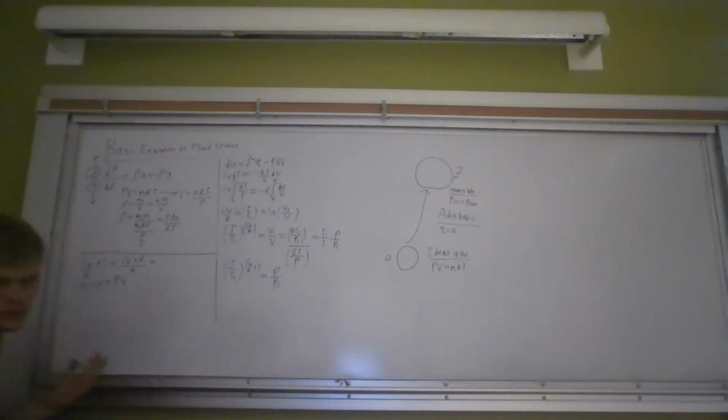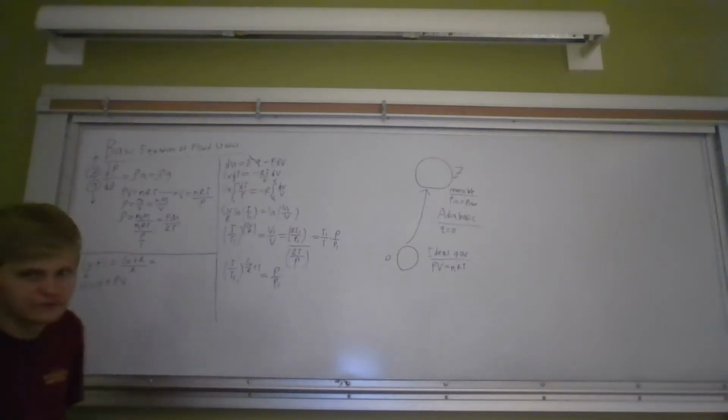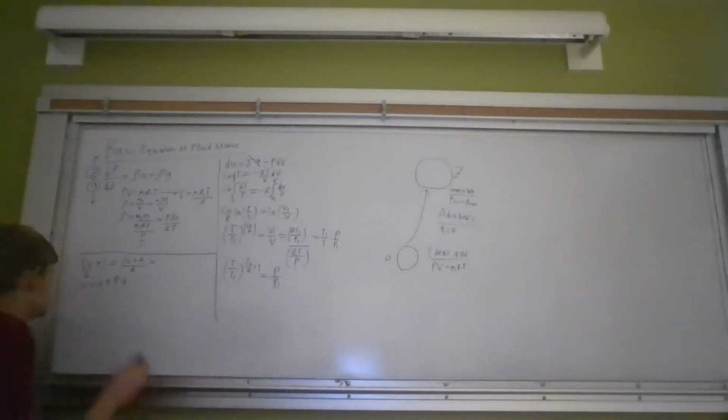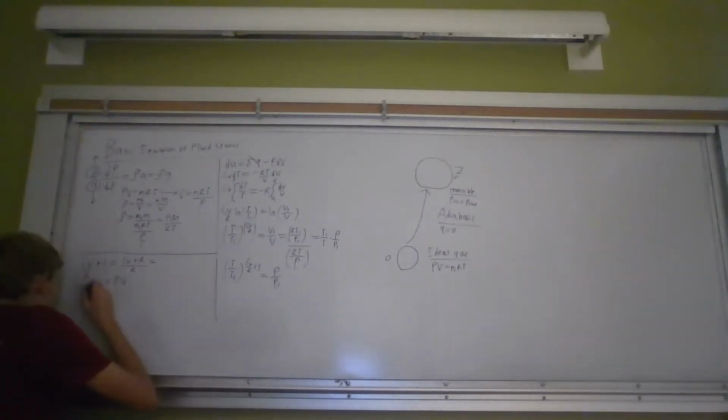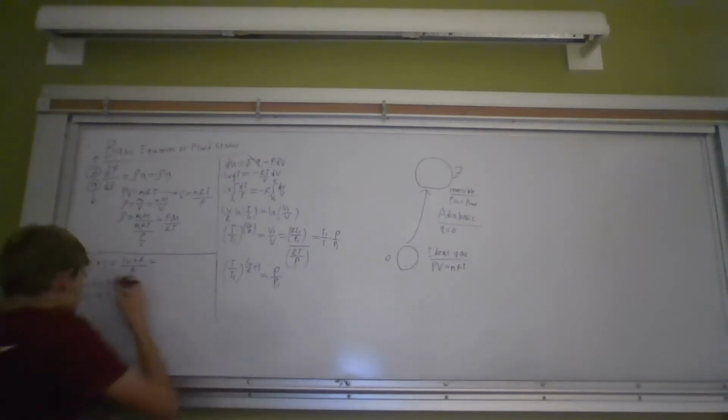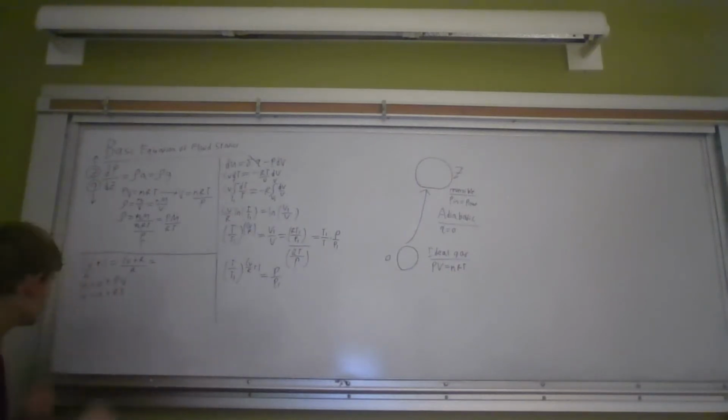This is our enthalpy equation, but we can manipulate it to better suit what we want to get out of this. So we're just going to rewrite it: our enthalpy is equal to the internal energy plus our gas constant, R, times temperature. Those two are the exact same equations.